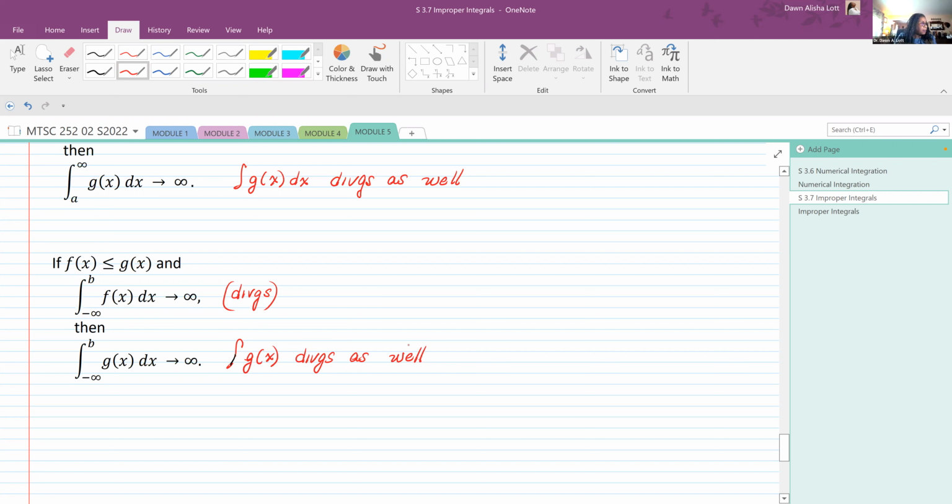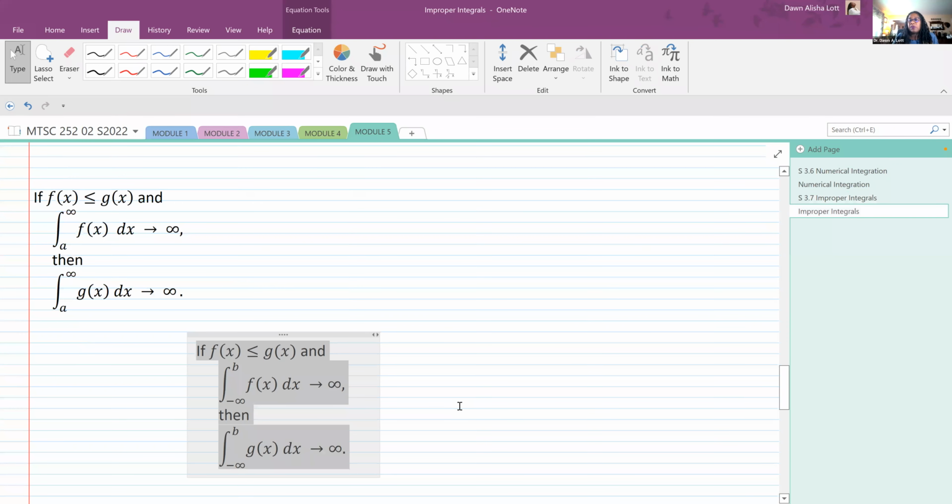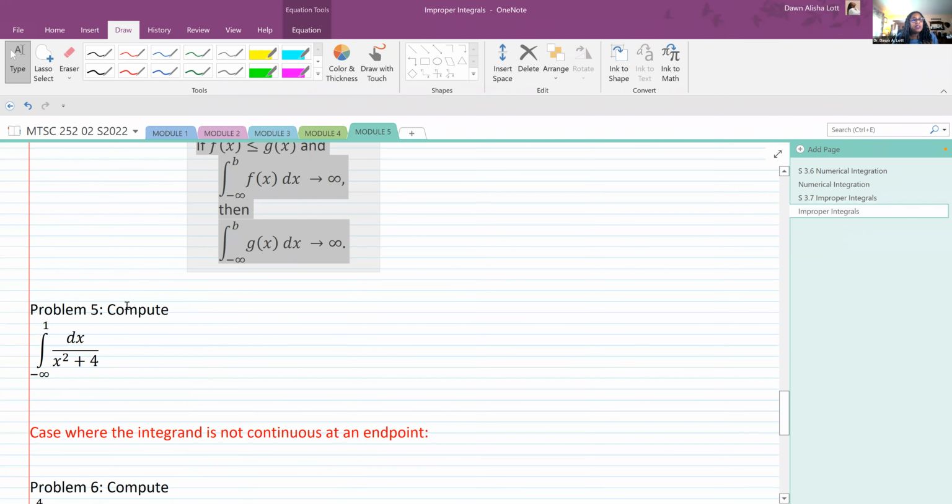Okay. All righty. So I think we have time for one example for sure. Yeah, we definitely have time for an example. So let's compute this integral.